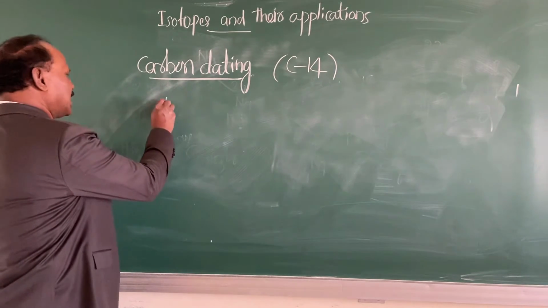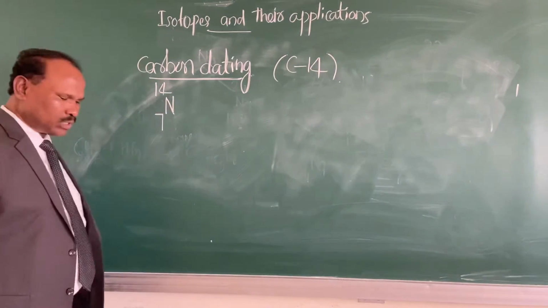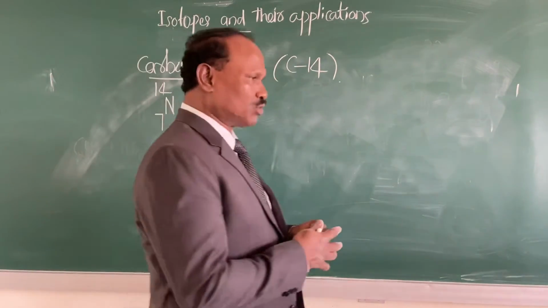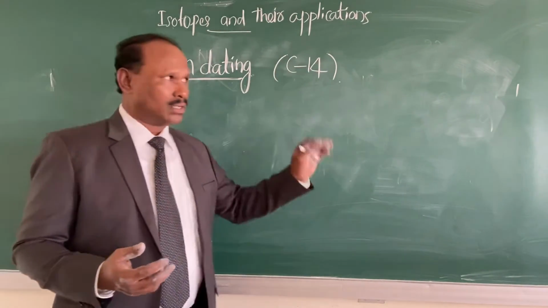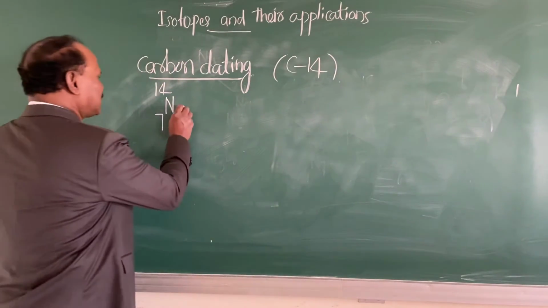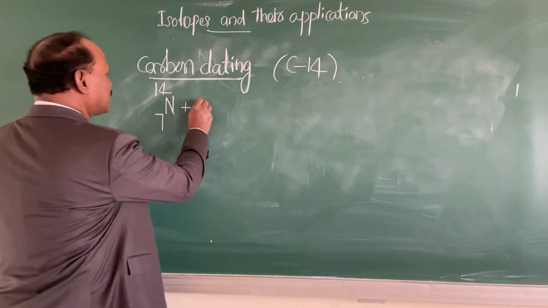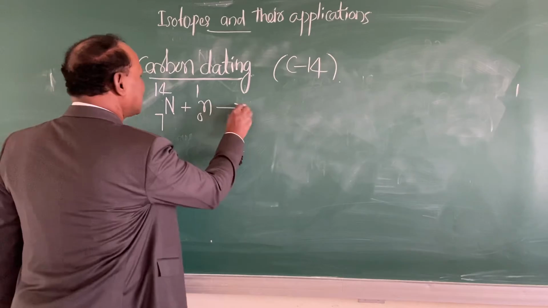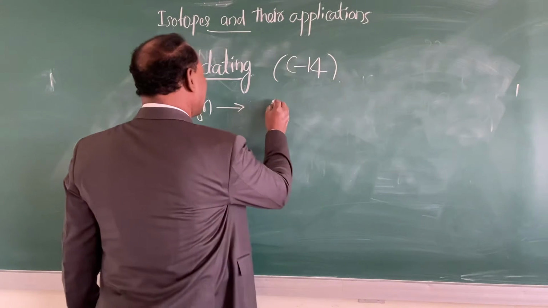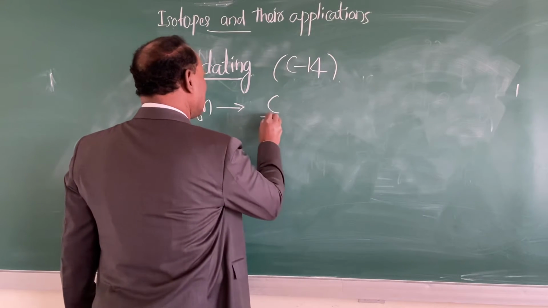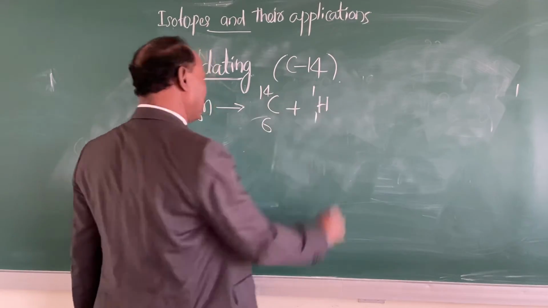In the upper layers of the atmosphere, there is nitrogen-14, nitrogen having atomic number 7 and mass number 14, right? When it is hit with cosmic rays, that means when it is hit with neutrons, it converts into carbon-14 (C 6, 14) plus a proton is liberated.